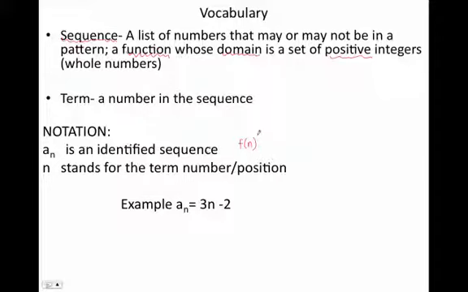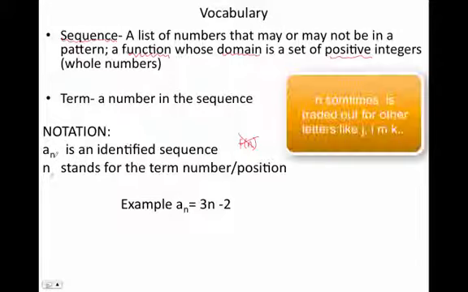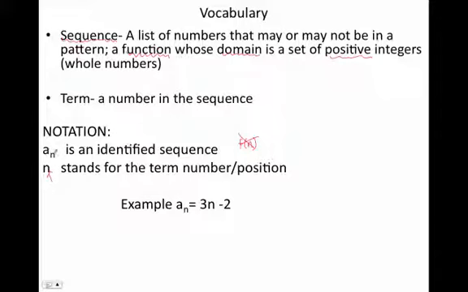Okay, we could have used f of n since we just said that a sequence is a function, but instead we're going to use this notation because it clearly signifies, hey, I'm starting to generate a pattern of numbers here, and we can only use whole numbers as inputs. N stands for the position that the term is in. So if I wanted the fifth term, I'm going to let 5 be that n. So instead of just leaving this open as f of n, I want a sub 5, which would mean I want the fifth term.